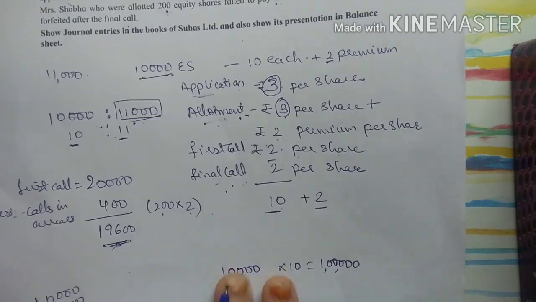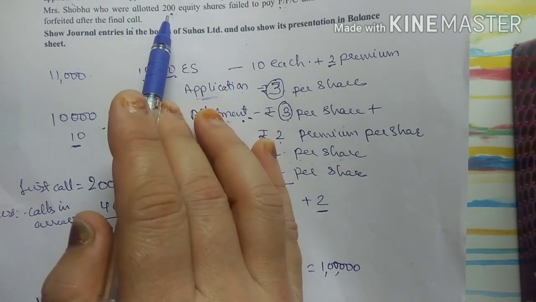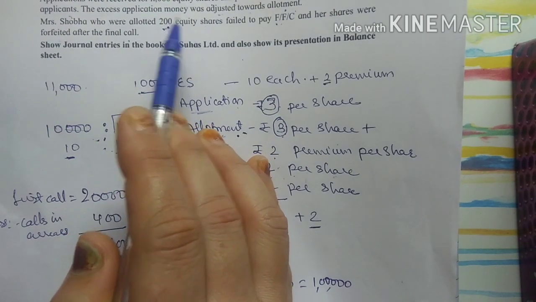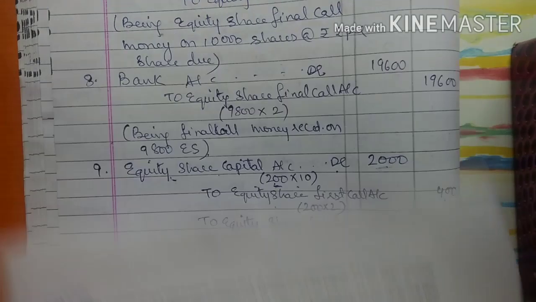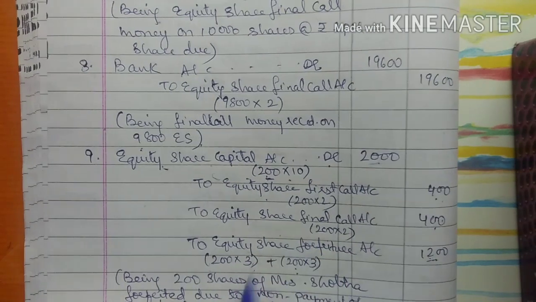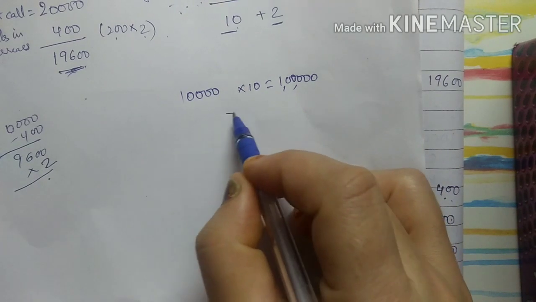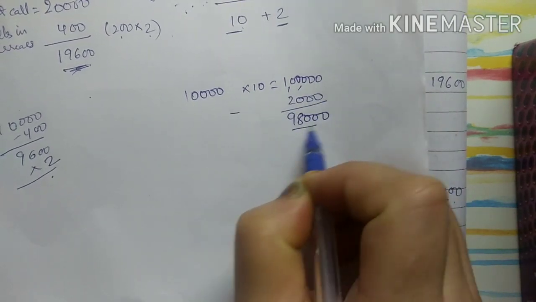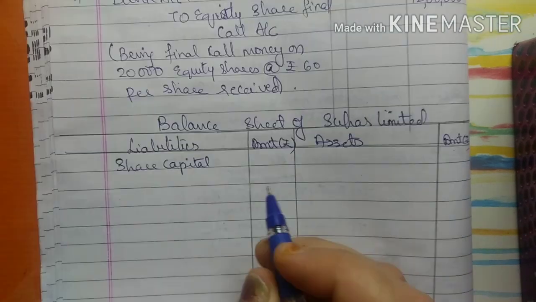But one shareholder, that is Mrs. Shobha, has not paid on 200 equity shares first and final call, and we have forfeited those shares. So we have removed this in the last entry, right? We have debited equity share capital account with 2,000. So from 1 lakh we will deduct 2,000 rupees. So our equity share capital will be shown as 98,000.